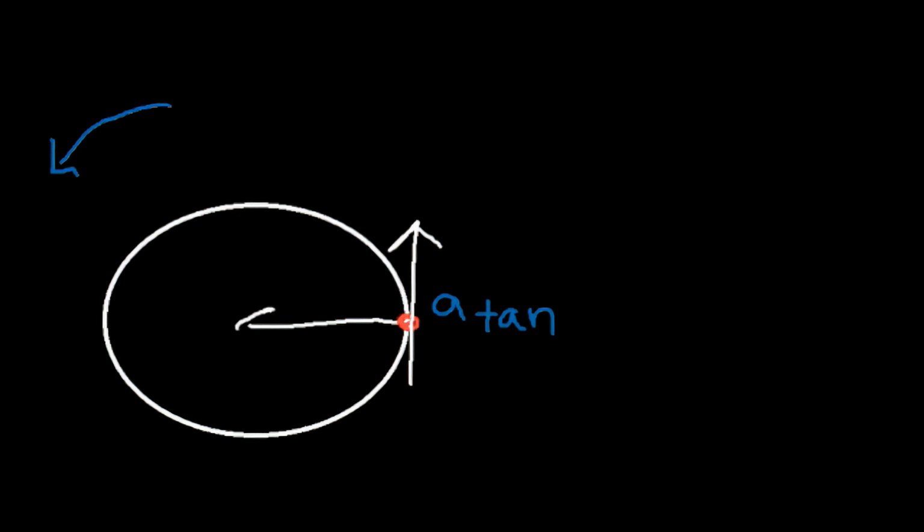It also has a radial acceleration, or a centripetal acceleration, that always points towards the center of the circle. And that keeps this point always turning in the path of the circle. So therefore, this object has a net acceleration vector that points in this direction.